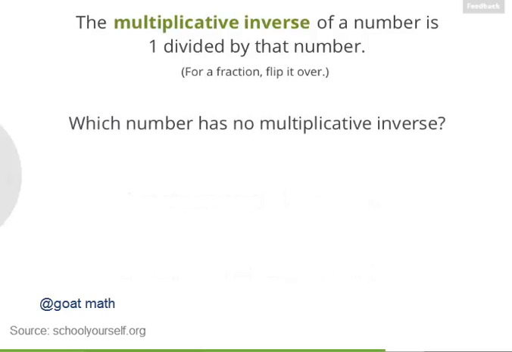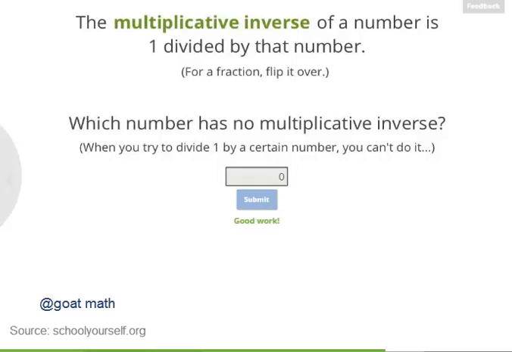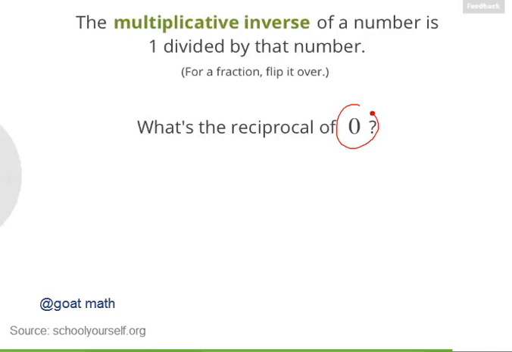Finally, it turns out there's exactly one number that does not have a multiplicative inverse. In other words, when you try to divide 1 by this number, you just can't do it. Any idea what this number might be? Precisely. If you ask yourself, what's the reciprocal of 0, then you'd say it's 1 divided by 0.